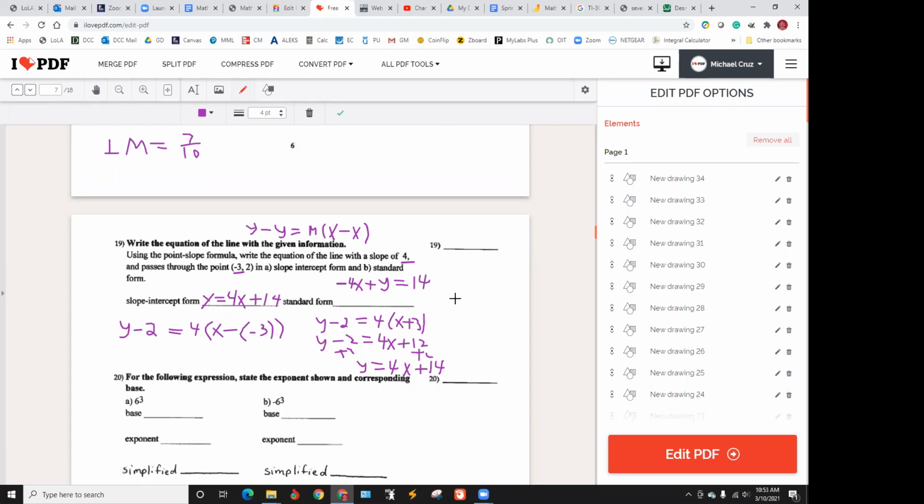Now, some books don't like this, and I don't think that this one does, but in previous, like I said, I've been through a lot of different math books. Some are particular. They don't like to have the beginning x term as negative. So the way you change that is just change the sign of everything.